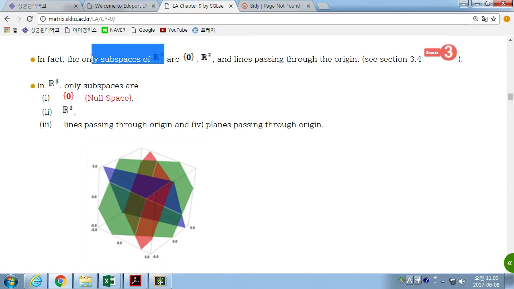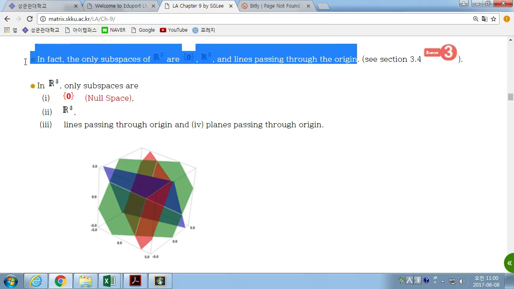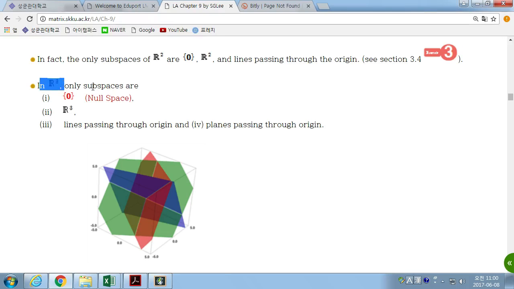Think about the subspaces of R2. We have two trivial subspaces, of dimension 0 and dimension 2, and we have another subspace of dimension 1, which is a line passing through the origin. That was the classification that we had for R2. For R3, same thing.